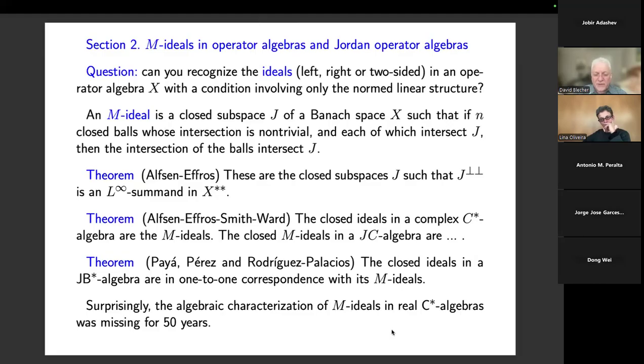But surprisingly, the algebraic characterization of M ideals in real C-star algebras was missing for 50 years, which is a little surprising because the original Alfsen and Effros example was in a real C-star algebra. In fact, in a JC algebra.